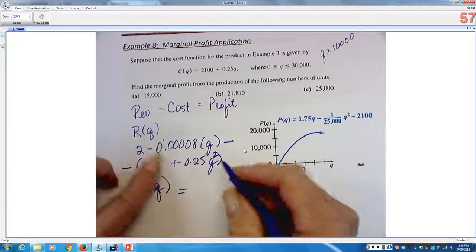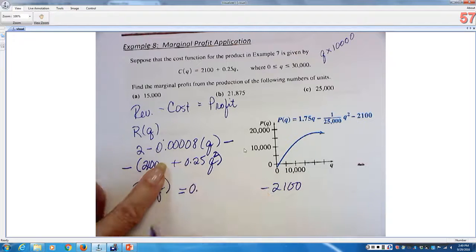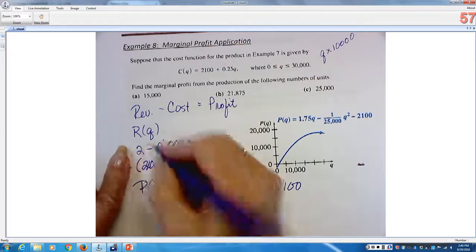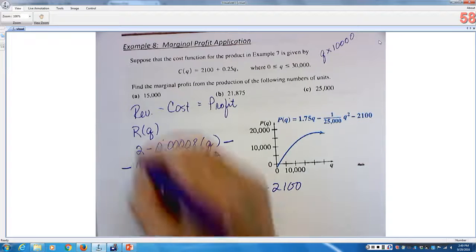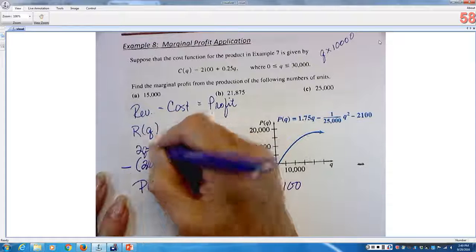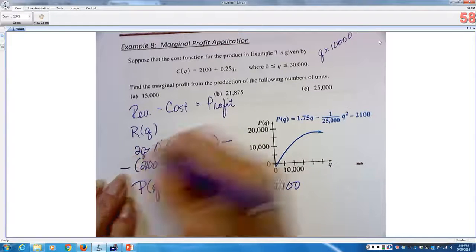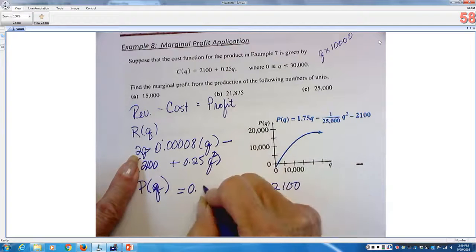I'm sorry, let me go back and look at that revenue equation. I left out the Q. So it's minus 2,100, 2 minus 0.25 is 1.75.